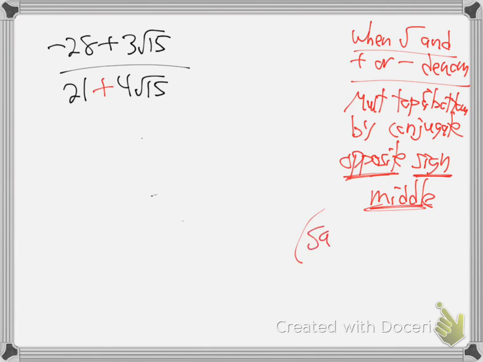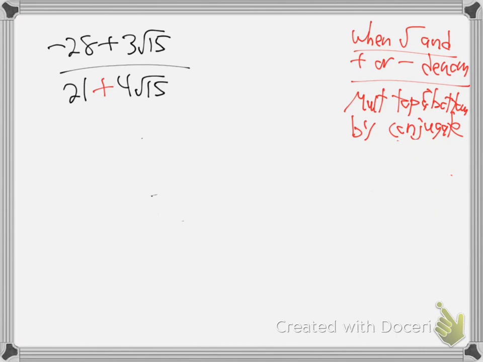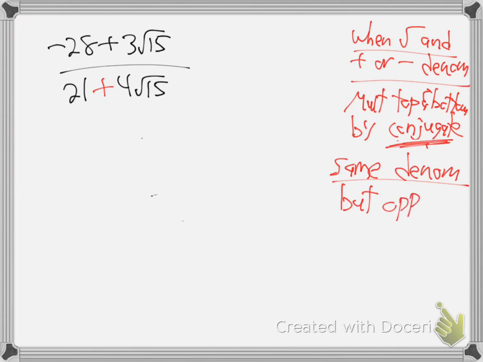Here, I'm not writing this very well. Let me try this again. The conjugate is the same as the denominator, but opposite sign in the middle. Yeah, it's a whole special difficult thing.